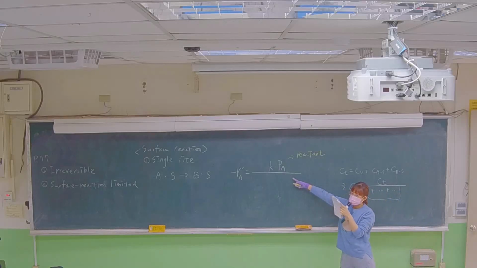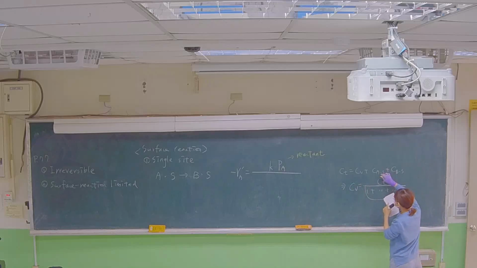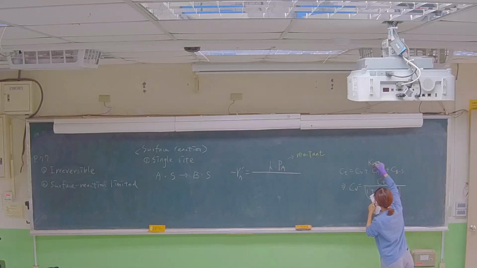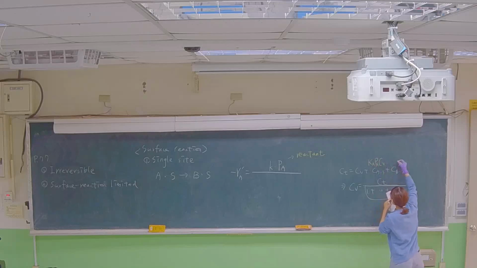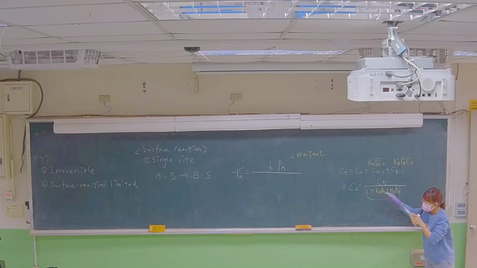So this part, if this one is KA PA CV, and if this one is KB PB CV, this part should be KA PA plus KB PB, right? Remember? So this part includes species adsorbed on the active site.